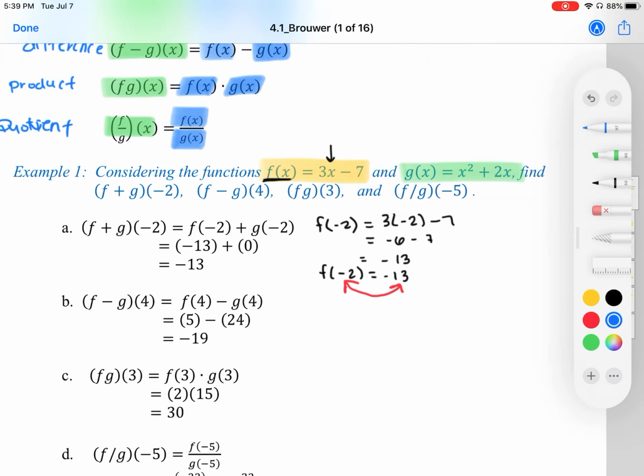Now we can do g. For g of x, we have x squared plus 2x. For every x, we're going to plug in what it's asking, which is a negative 2. So we find g of negative 2, we plug in a negative 2, we get negative 2 squared plus 2 times negative 2.